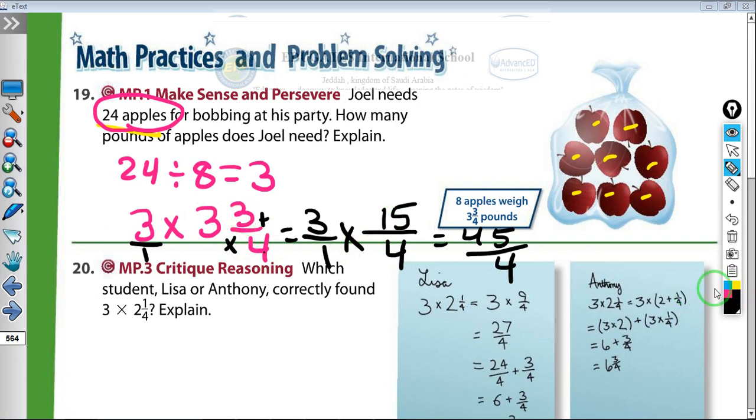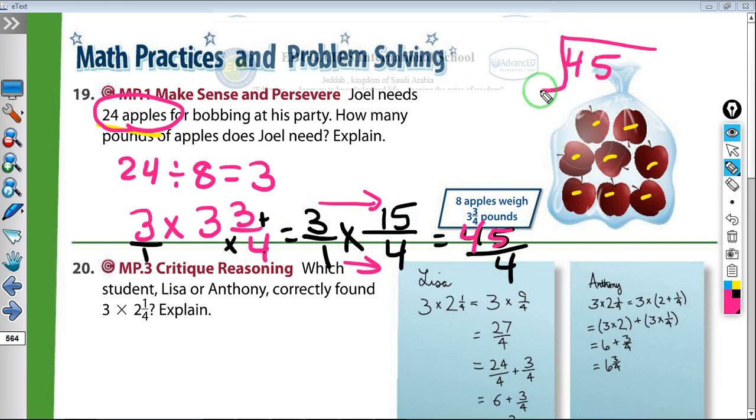Multiply as normal. 3 times 15 is 45, over 4. Now we have to do long division.